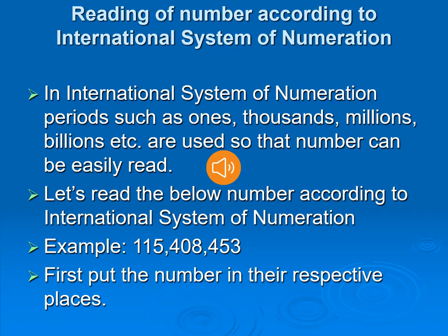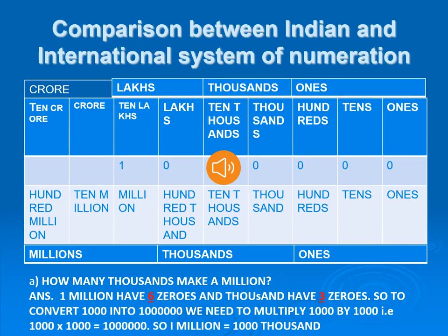First, put the digits in their respective places in the place value chart. Then put commas after each period and this number is read as 115,408,453.